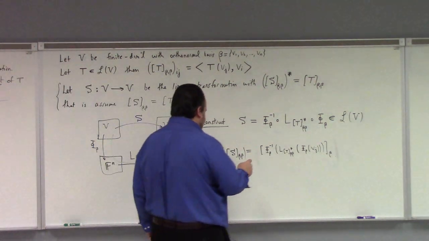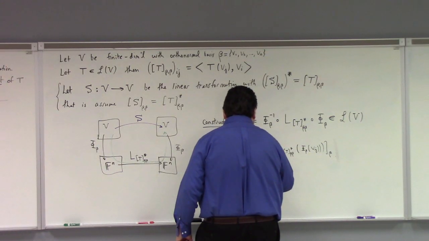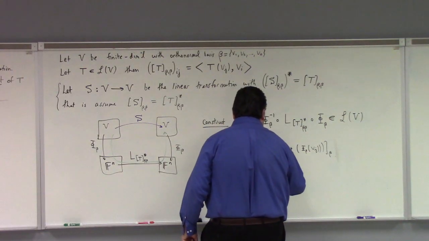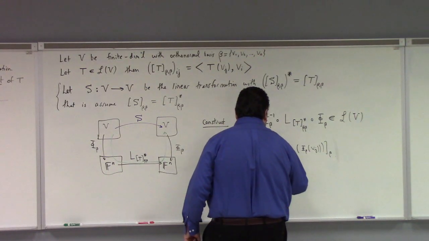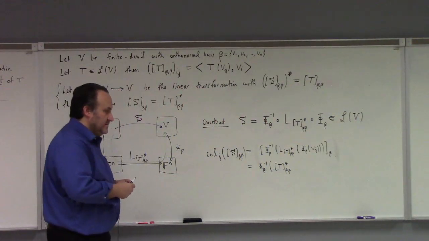But what is this? We've got T beta beta star. What is phi beta of Vj equal to?